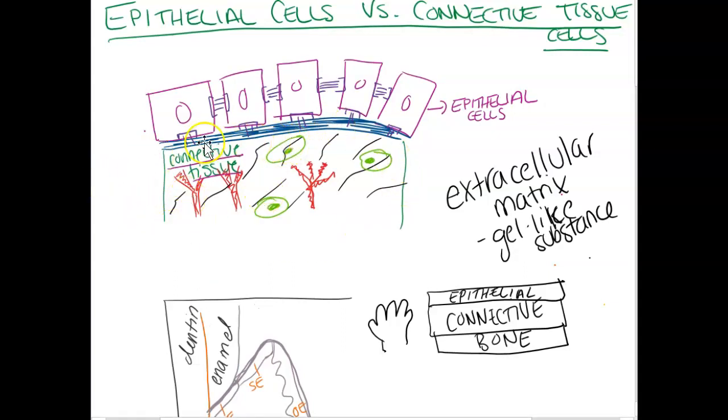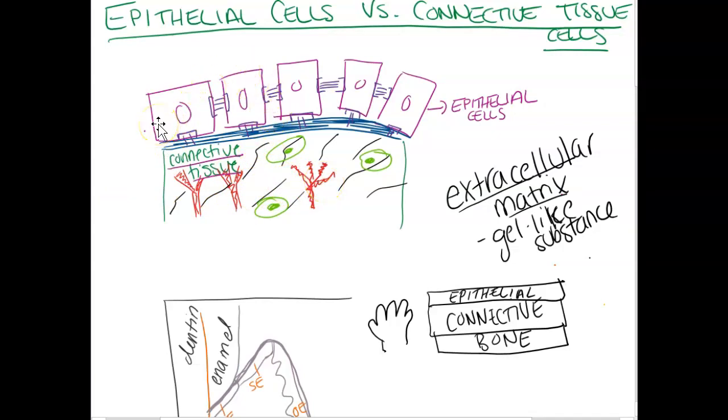In the connective tissue, the white that you see surrounding the cells, along with the fibers and the blood supply, is a gel, and that gel is called extracellular matrix.